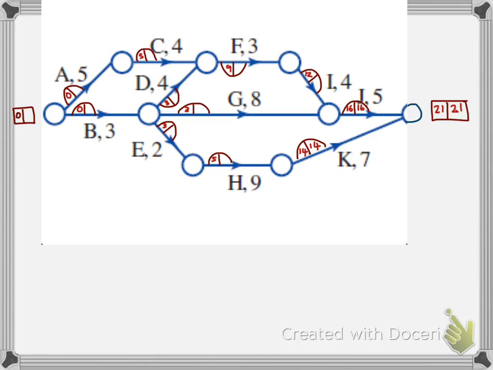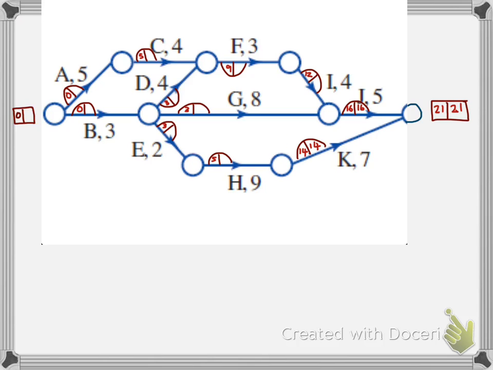Now notice it's easy to get confused with this stuff, so what I want you to remember is that when I take 21 and I take away 5, this number that I'm taking away is right next to the box that I need to put the answer in. 21, take 5, gives 16. 21, take 7 is 14.